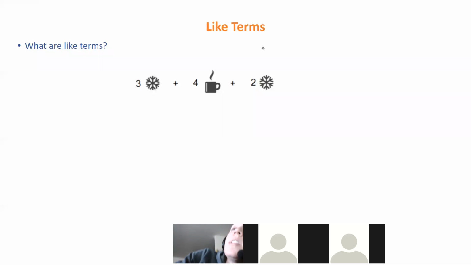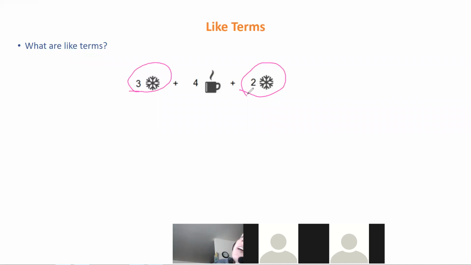So this is a like term, and it is with this like term. Does the poor hot chocolate have any like terms it gets combined with here? Can I combine that hot chocolate with anything? No, there's no more. Yep, you're right.